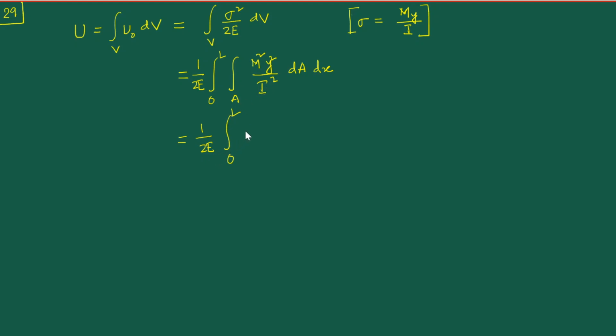But for now, we'll just keep it outside this area integration, because in general we can have non-prismatic cross sections also, and you'll do a problem like that. However, please note that we strictly cannot take this M out of this 0 to L integration. So we take the M outside of this area integration, no problem there. So we keep it like this. This is y square dA dx.